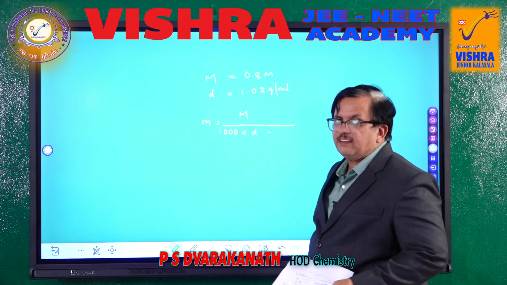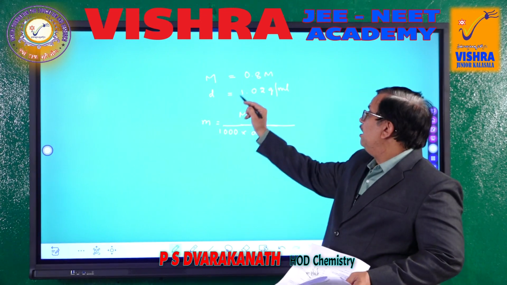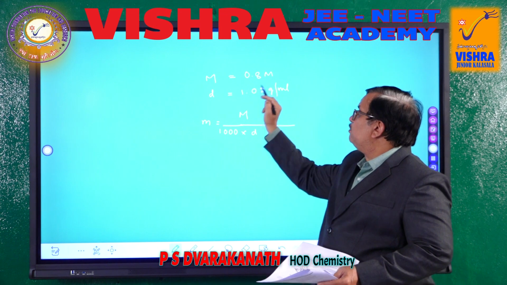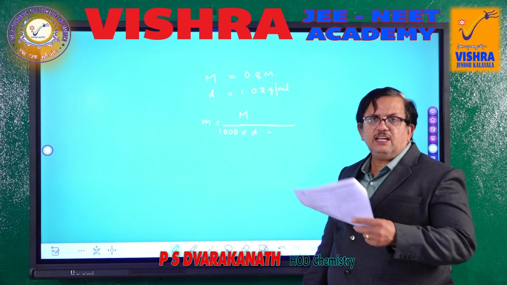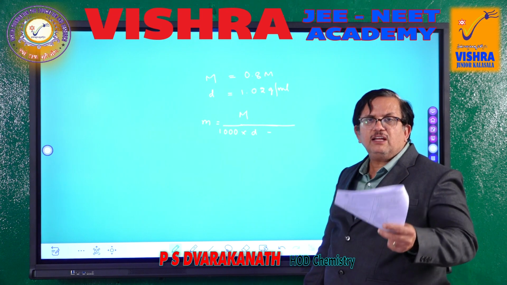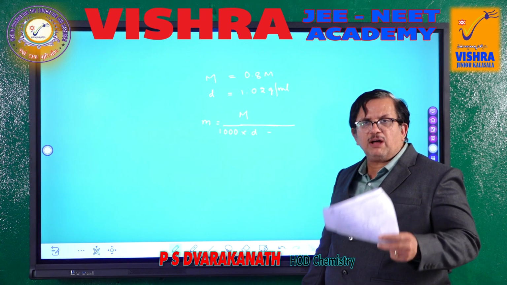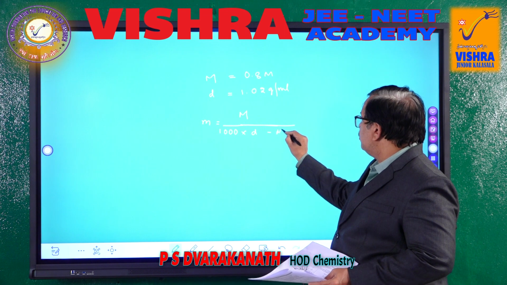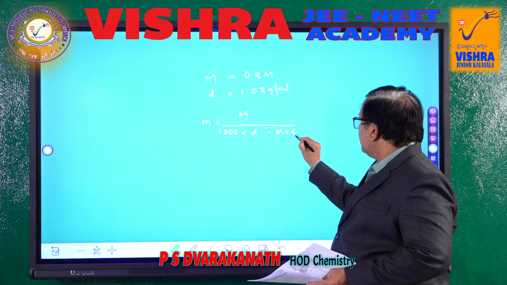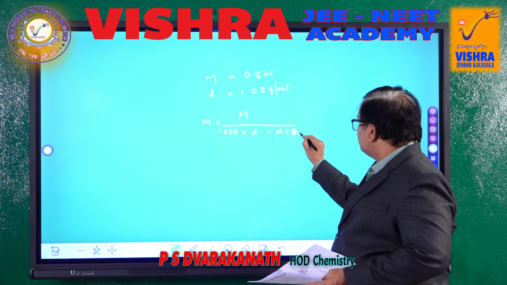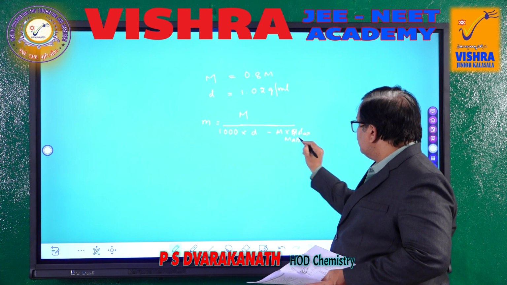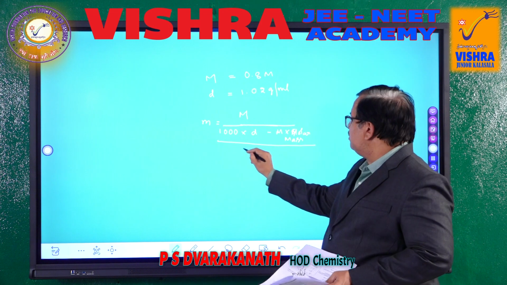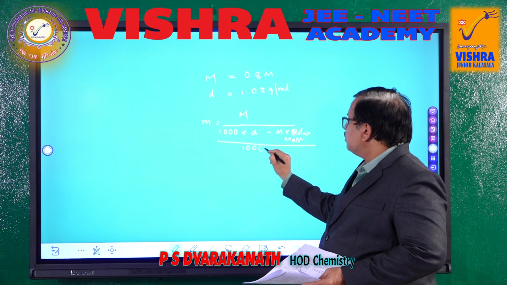D is the density. Then molarity gives the number of moles. Molarity into the molar mass of H2SO4 gives the mass of H2SO4. This will be in grams. Therefore, you divide it by 1000.